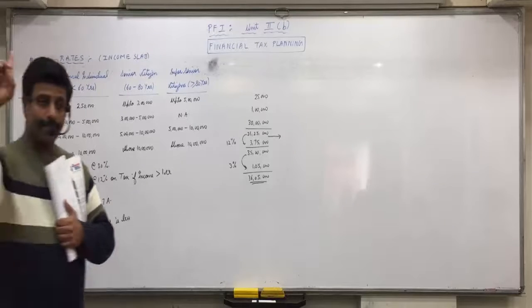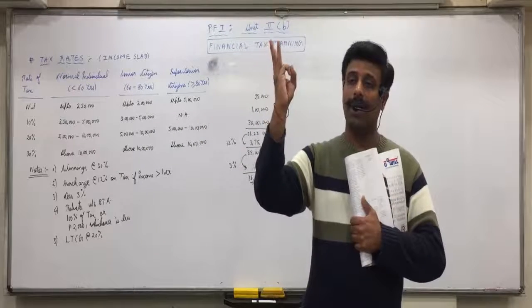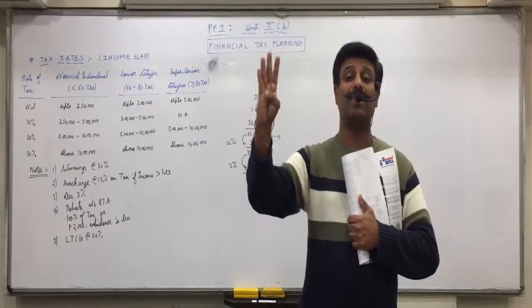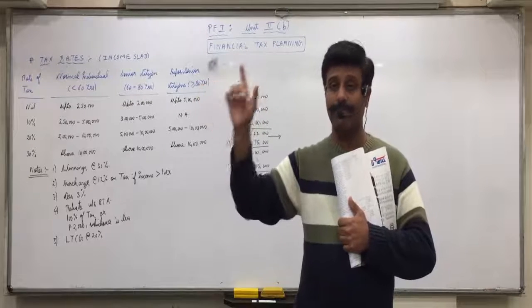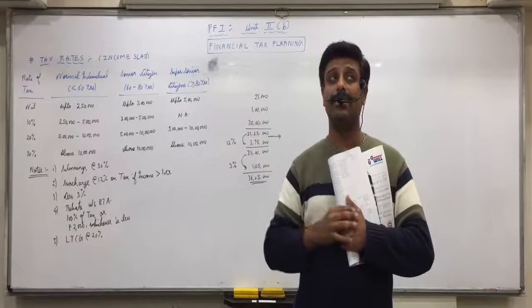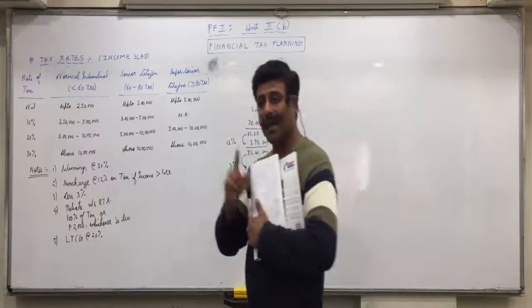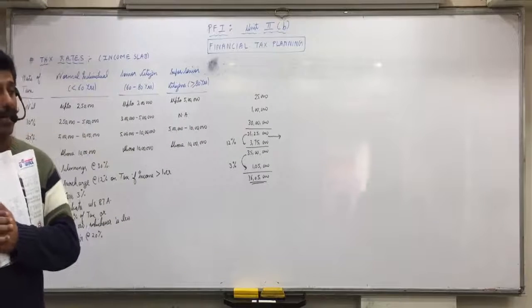Once again: life insurance premium, contributions, housing purpose, tuition fees, cumulative time deposit scheme, equity linked savings scheme, senior citizens savings scheme, and infrastructure. Okay, 8 categories we will divide it into. Instead of 21, you will remember only 8.